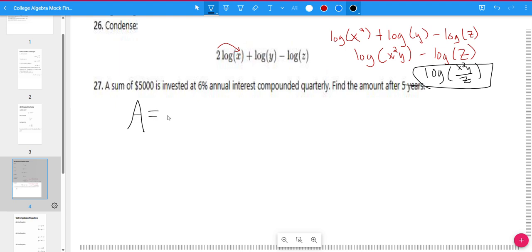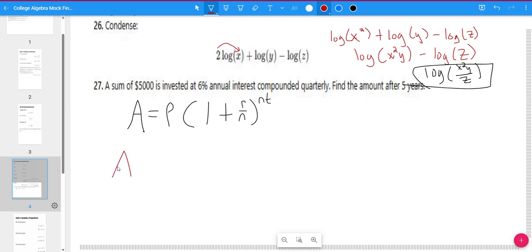But this is A equals P times 1 plus r over n, to the nt. Remember, P is the amount I start with, my principal. This is also in the Unit 4 packet. R is my rate, n is the number of times it compounds, and t is how much time I leave it in, in years.